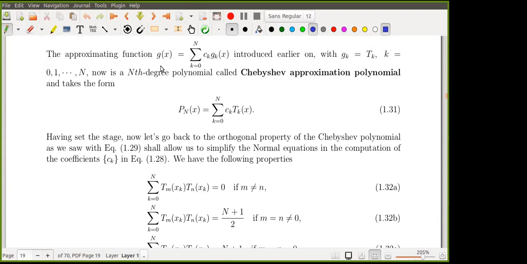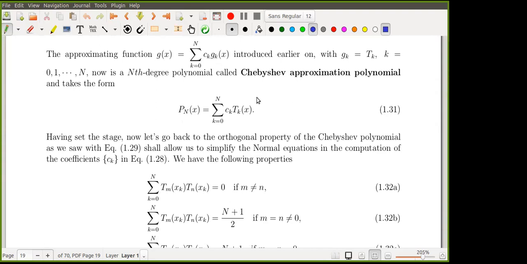So a linear combination of polynomials of degree less than or equal to n will be of degree n. That's why g(x) is replaced with p_n to indicate that it's a polynomial of degree n.